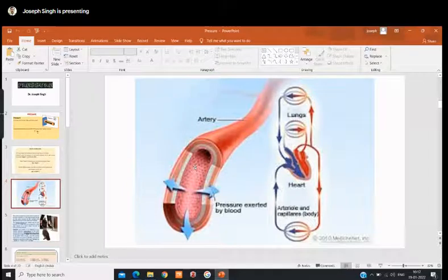This artery should not get blocked, because if it is getting blocked, the blood will not go this side. So the heart has to pump that blood faster or harder. That will create more workload on your heart, and that's how heart attacks come up.